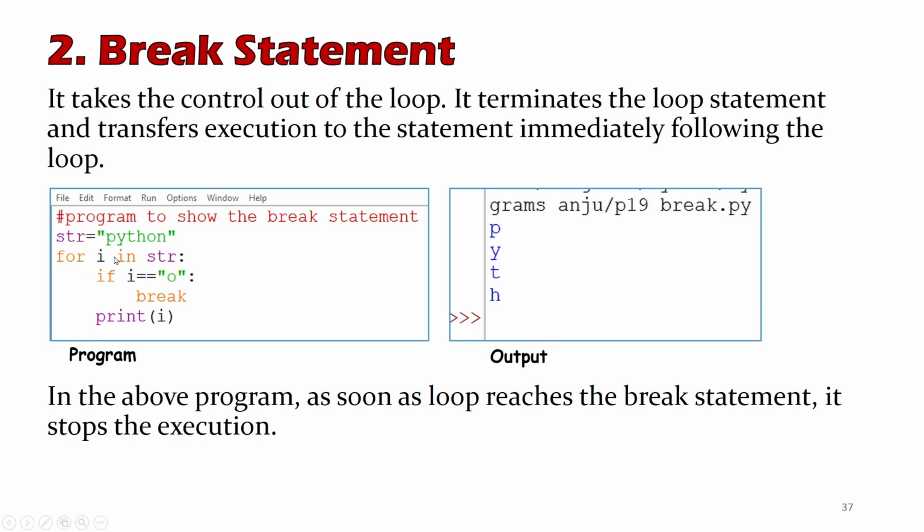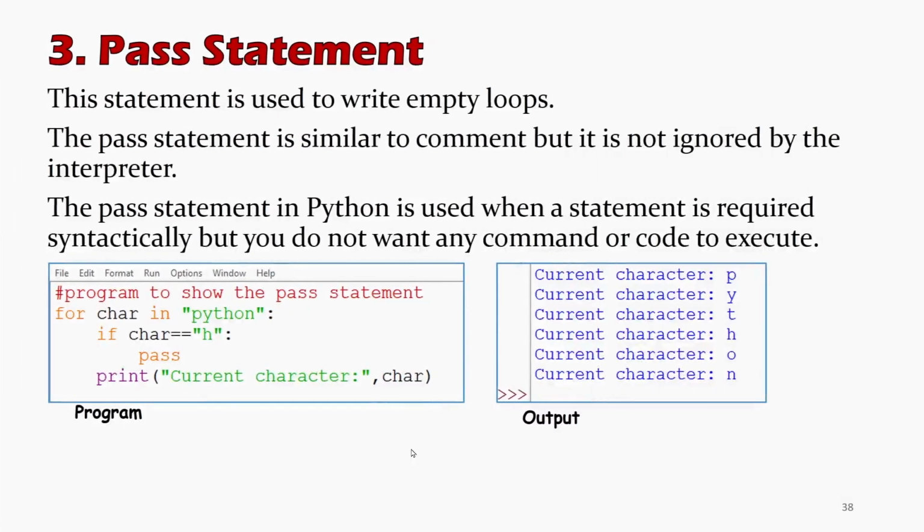But now it will come out of the break loop. So it has printed only Pyth. In the above program, as soon as the loop reaches the break statement, it stops the execution. So you can understand the break statement as stopping the execution of the loop.